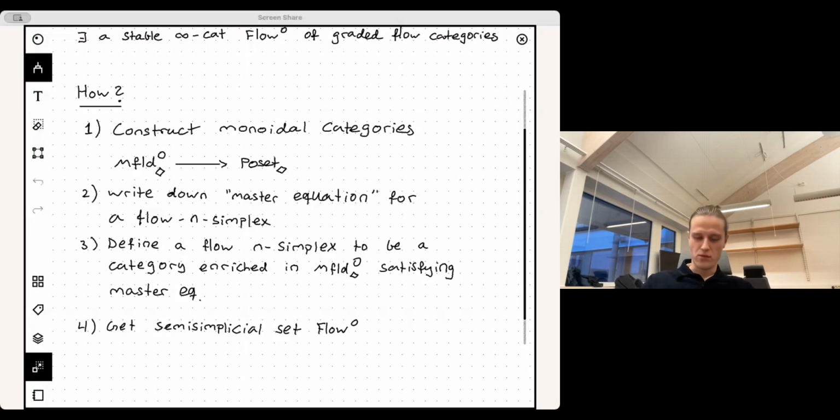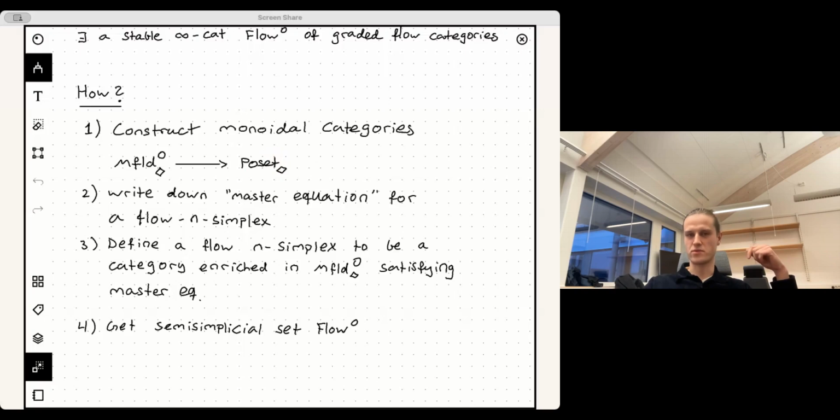Then you have some work to do, because we're trying to construct this category of flow categories as some kind of simplicial set. So you need to say what the n-simplices are, and to do that, you're trying to write down some kind of master equation for an n-simplex as some kind of object in here.